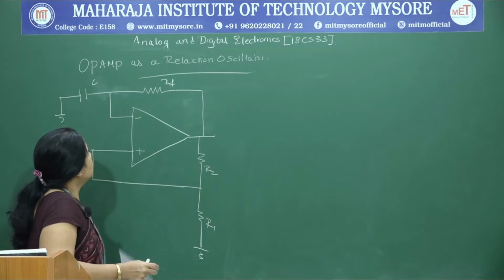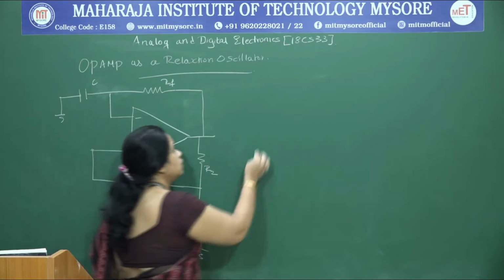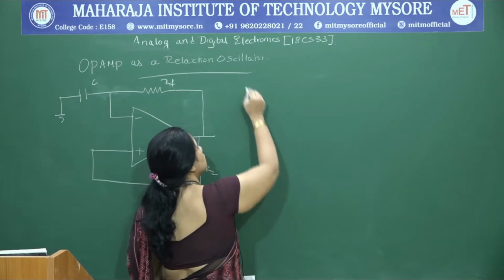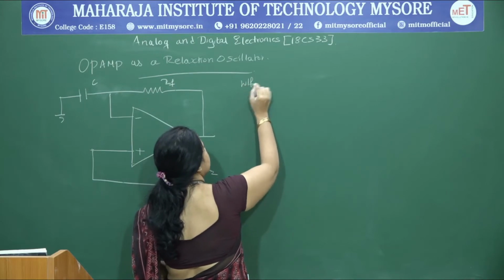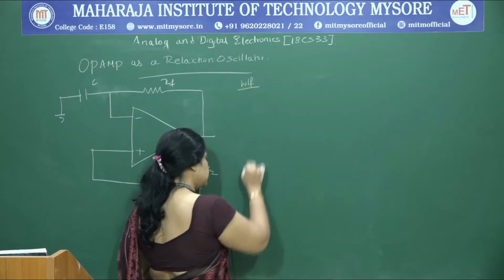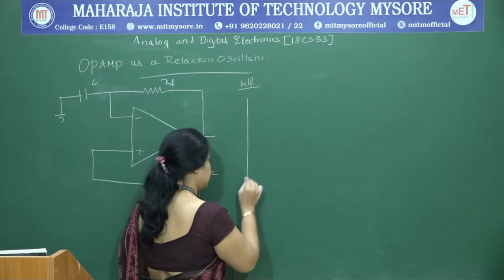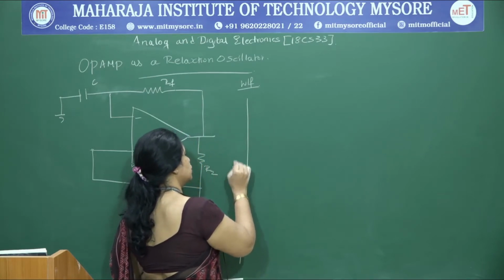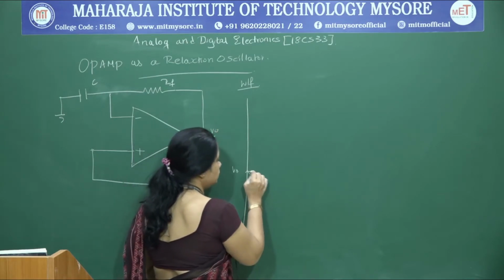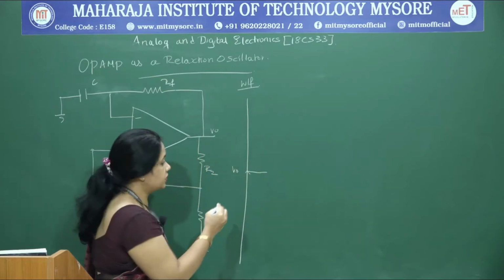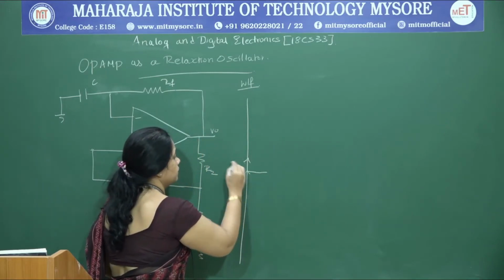What we assume here is, let me write the waveforms. If I call this output voltage V naught, let me assume initially the output is at positive saturation.